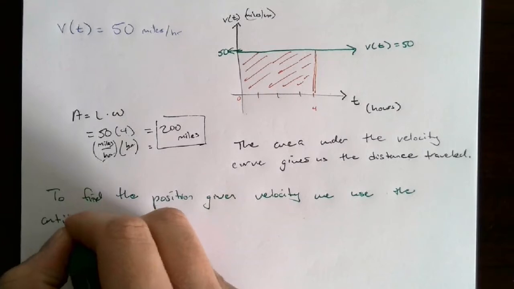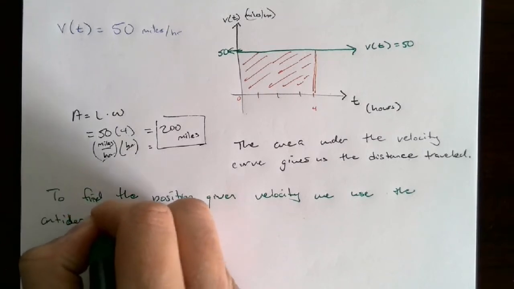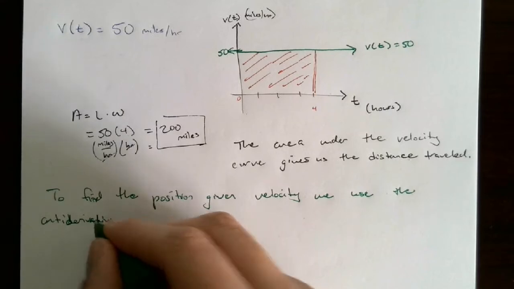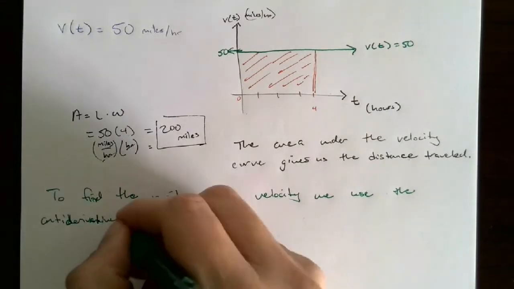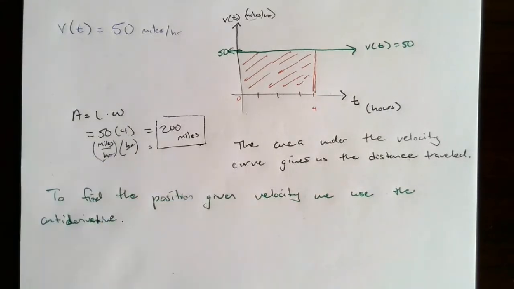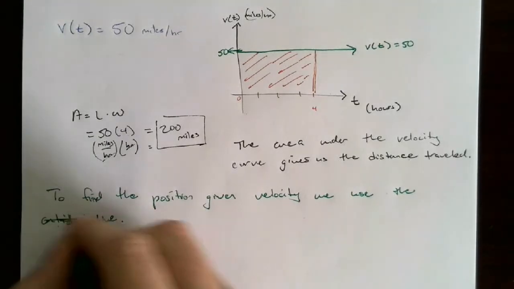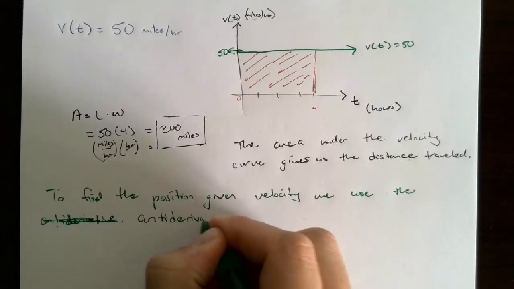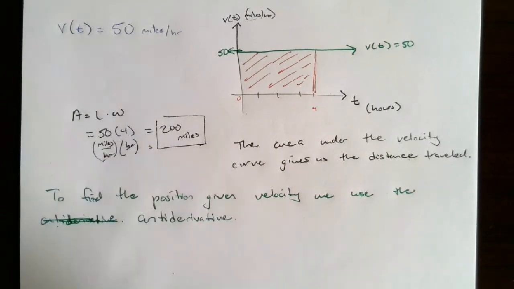And the reason we would do that is that we remember velocity is the derivative of position, so the antiderivative of velocity will give us position. So we use the antiderivative.